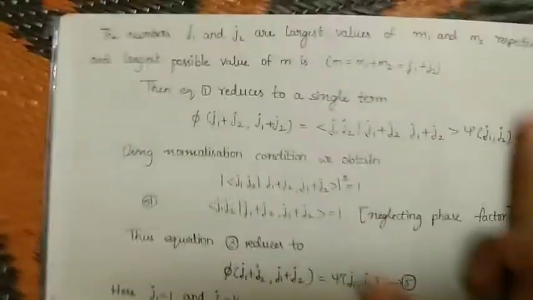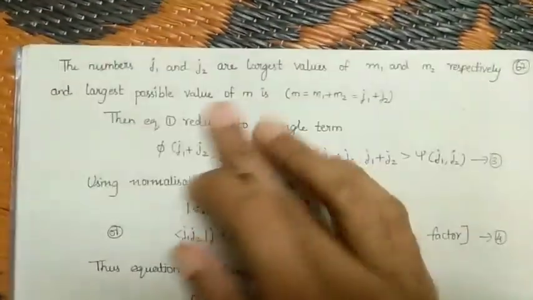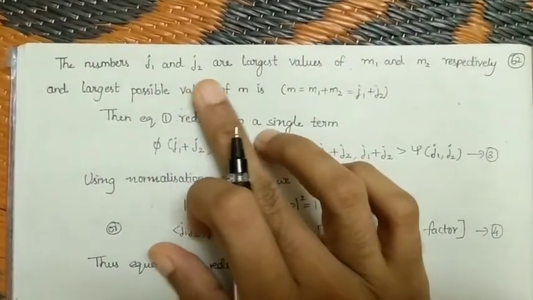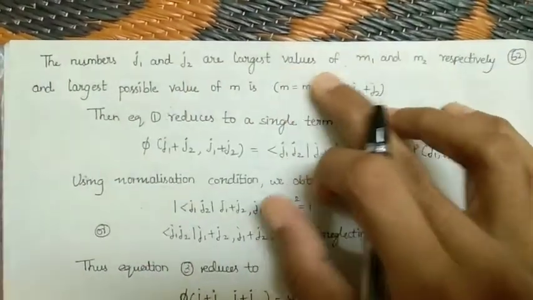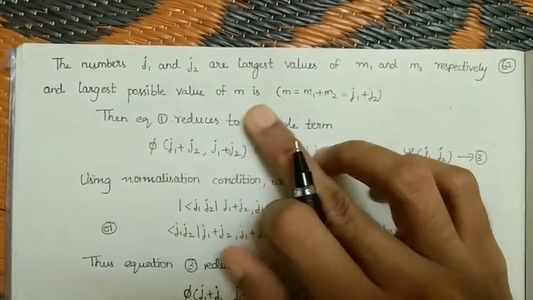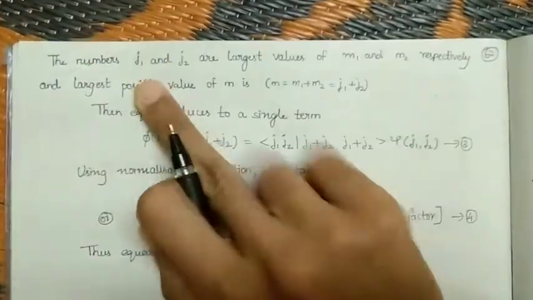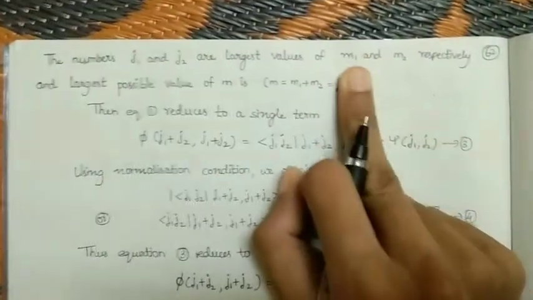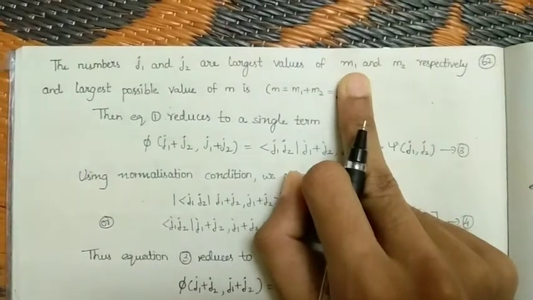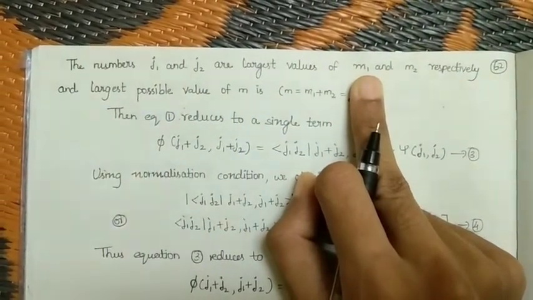And next thing we have is, the numbers j1 and j2 are the largest values of m1 and m2 respectively, and the largest possible value of m equals m1 plus m2, that is j1 plus j2. So just like if the L value is 2, then the maximum possible value of m is 2.